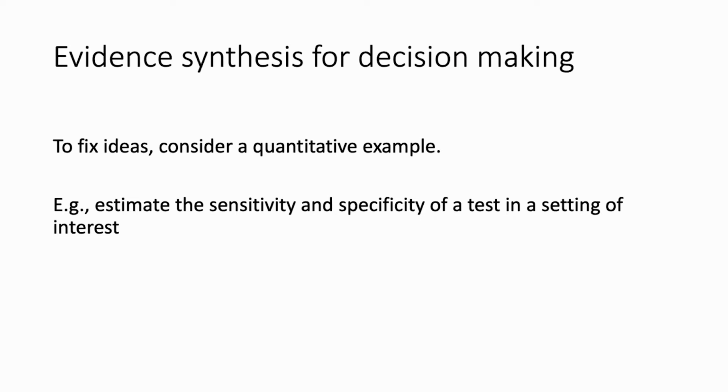So in this example that I'm going to walk you through, I'm asking the question of estimating the sensitivity and specificity of a test in a setting of interest to inform a particular decision analysis.